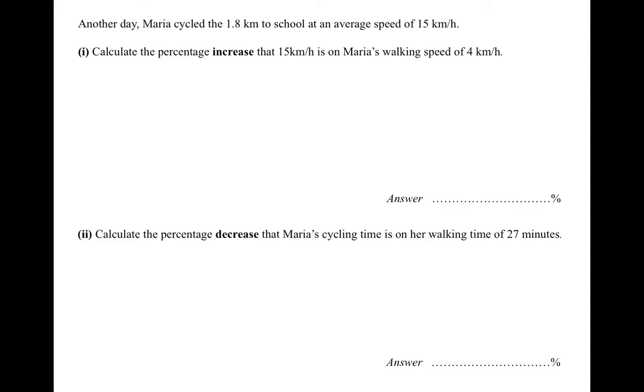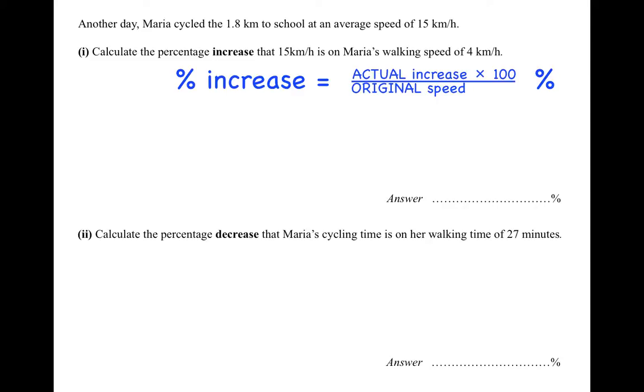And it says, calculate the percentage increase that 15 kilometers per hour is on Maria's walking speed of 4 kilometers per hour. So how much bigger is 15 than 4 in terms of percent? Now, when you're making a percentage comparison, it's always out of the thing that you're comparing it to.